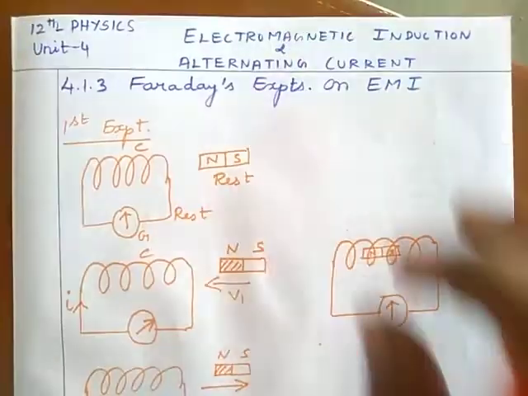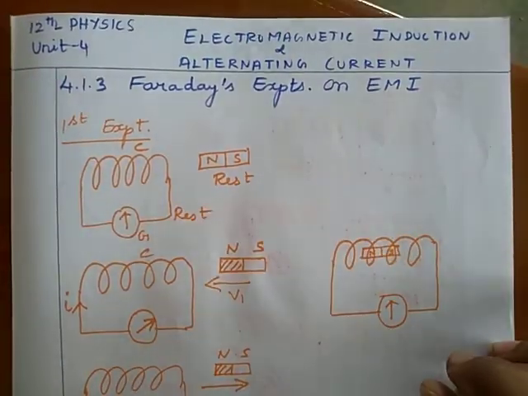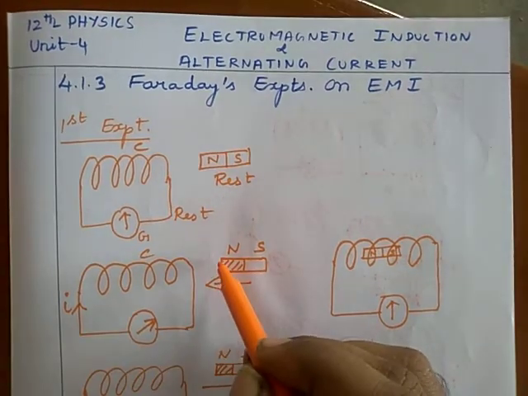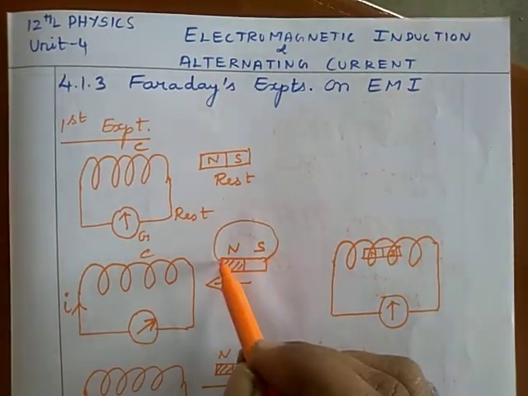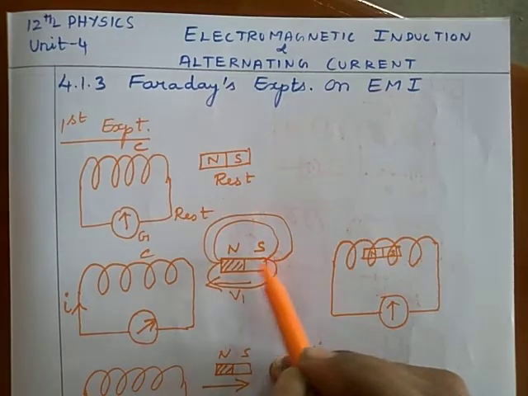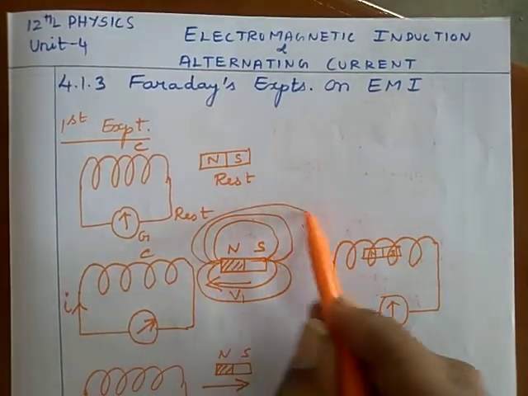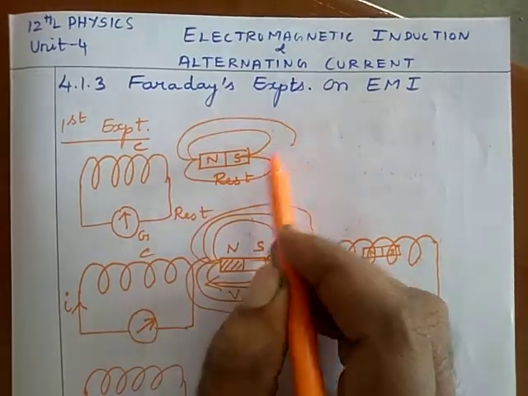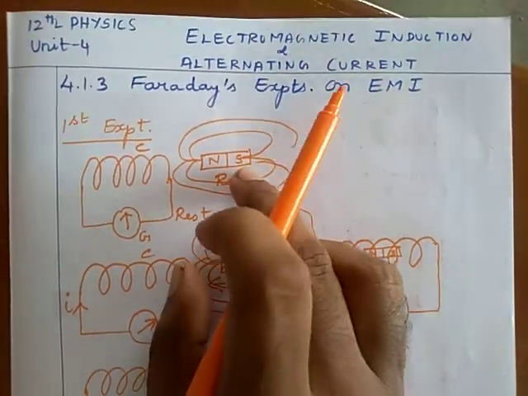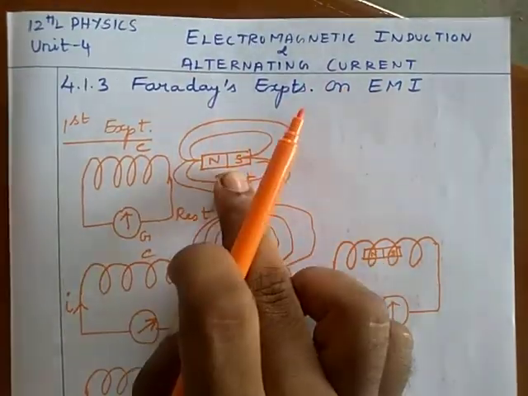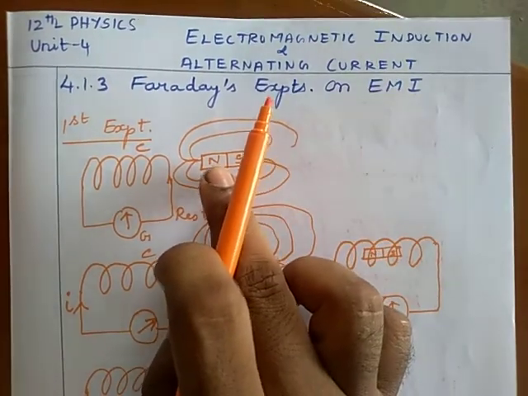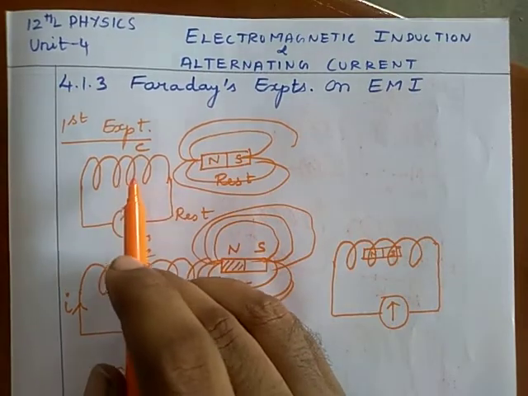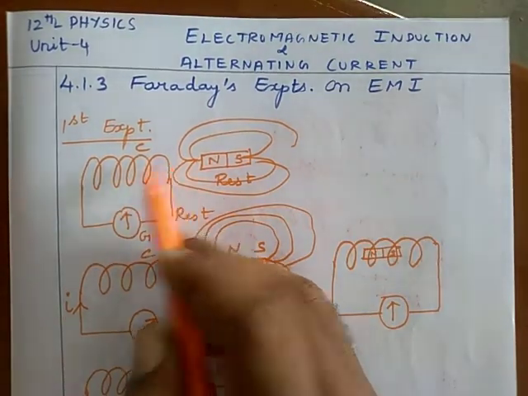Okay, then one more thing, from the result of the two experiments, Faraday found that around the magnet there will be magnetic field lines, like this, here also like this. If a magnet is placed nearby the coil, the magnetic field lines due to this magnet will be linked with the coil.